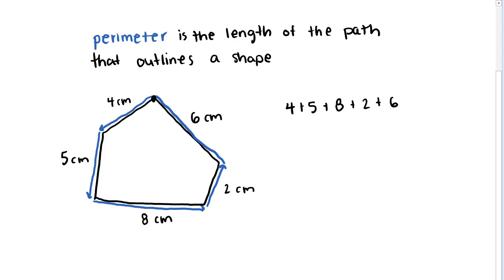So 4 plus 5 is 9. On top of that, 8 gives us 17. Here we get 19, and then lastly 25. So the perimeter in this case, what did I say? I think I said 25 centimeters, right? So it's just the length of the path that outlines our shape.